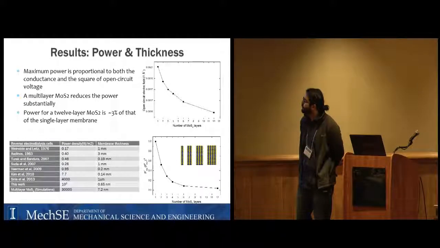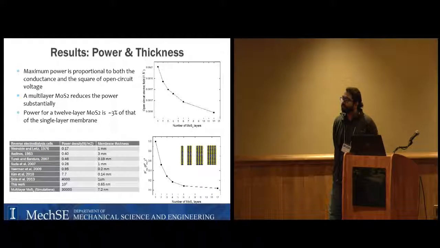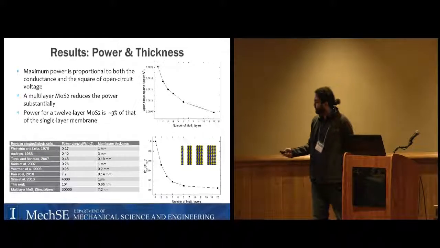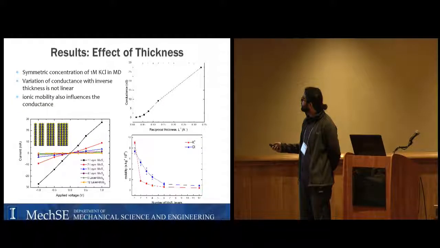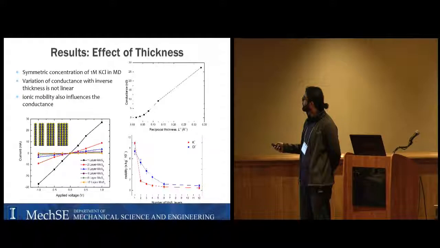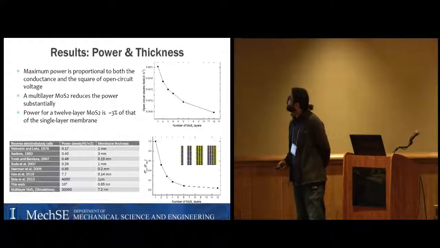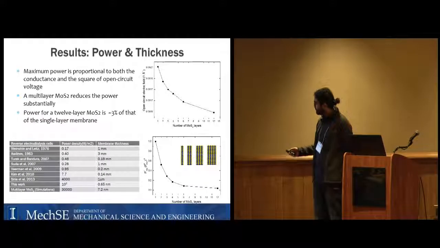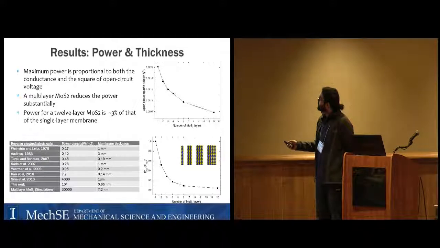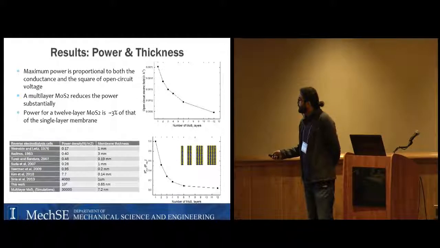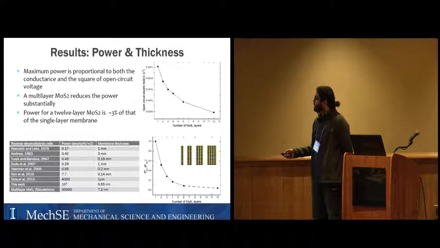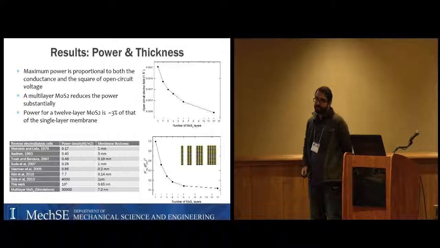Now if we look at the power and its relationship with the thickness, we know that the maximum power is proportional to both conductance and the square of the open circuit voltage. In the previous slide, we have the conductance for different layers of membranes, and here we have the open circuit voltage for different layers. Then we can plot the maximum power normalized by the maximum power of a single layer membrane.